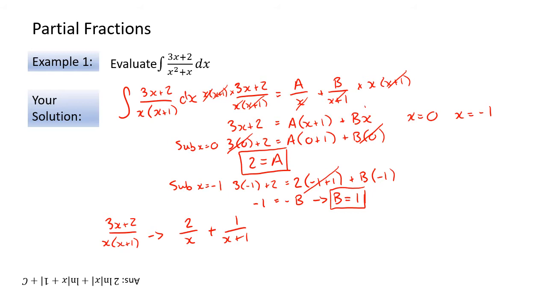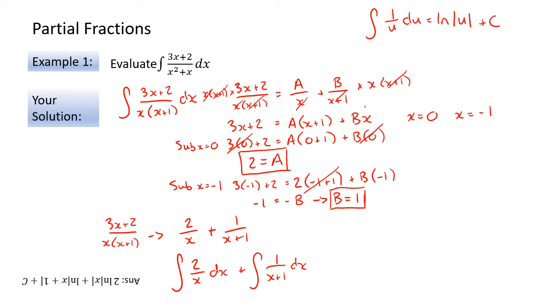So if I look at the integral, that means instead we have the integral of 2 over x plus the integral of 1 over x plus 1. And again, you see, since these terms are first order, so just x, they're always going to have integrals at the end that involve ln, okay? So if we find the integrals of these, remember, the integral of 1 over a function u du is equal to the ln of that function u, the absolute value, usually plus a constant.